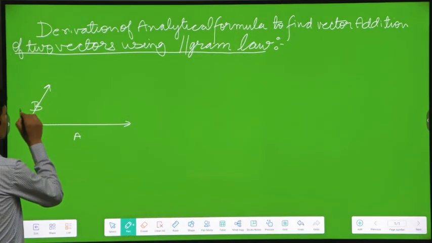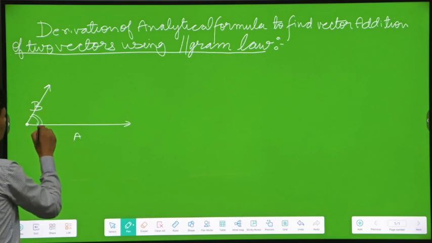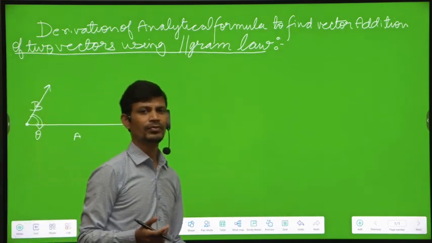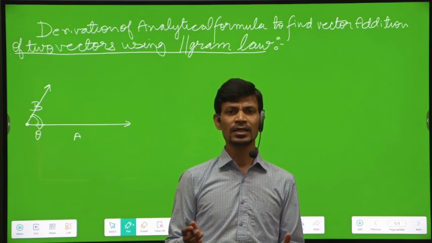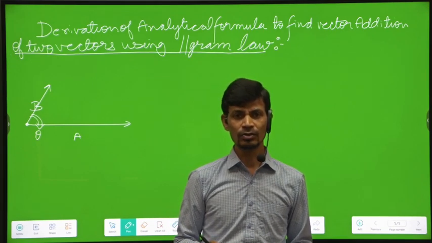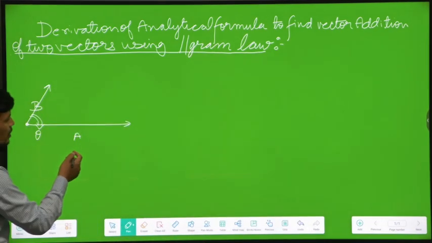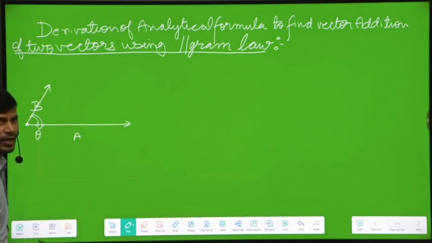And this is B. And the angle between them is theta. Actually, what we obtain from this formula is the magnitude of the vector addition, so I'm just interested in its magnitude, its numeric value, its mod.